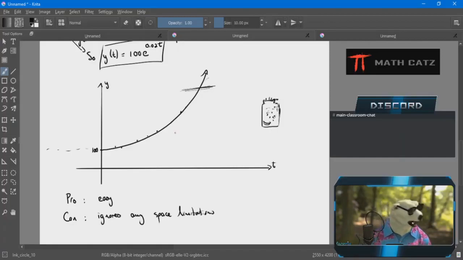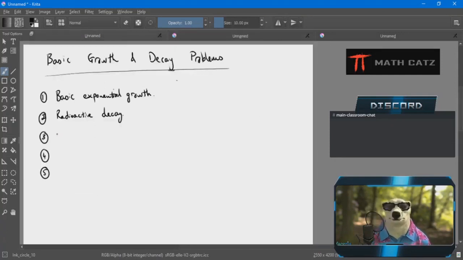So we could then say, okay, what if we change this model a little bit, trying to incorporate the idea that limited space does slow down the growth of the population. So we have here growth with capacity, let's say.